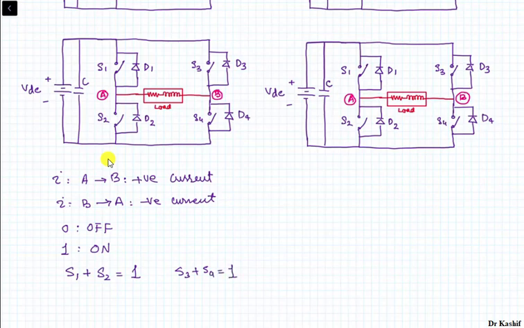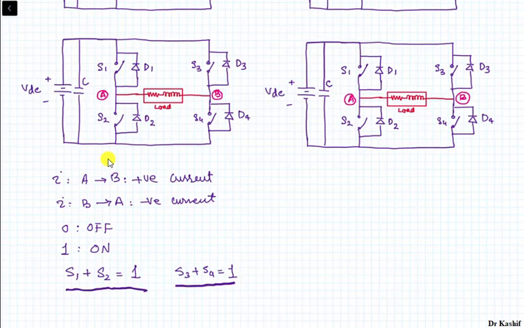They cannot be turned on together; either one of the switches will be on at any instant of time. And S1 plus S2 equal to 1 also indicates that S1 and S2 are operating in the complementary mode. It means when S1 is on, S2 will be off, that will be 0, and when S2 is on, S1 will be off. If this is the situation, we say that our switches are operating in the complementary mode, right?